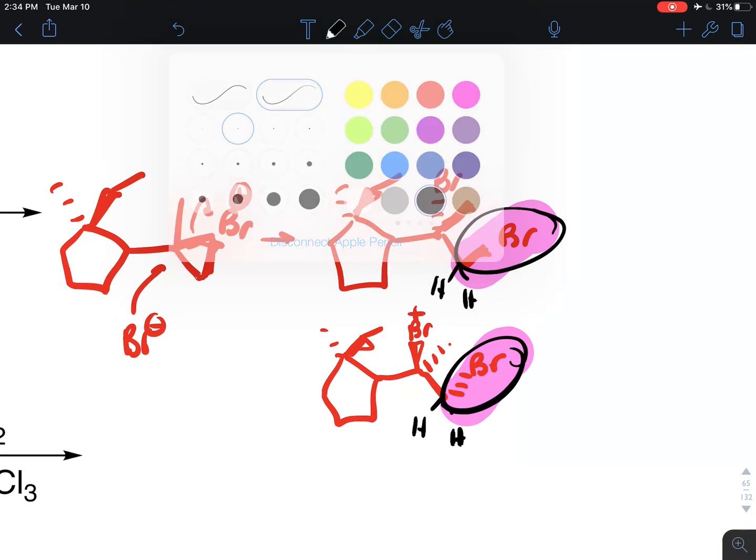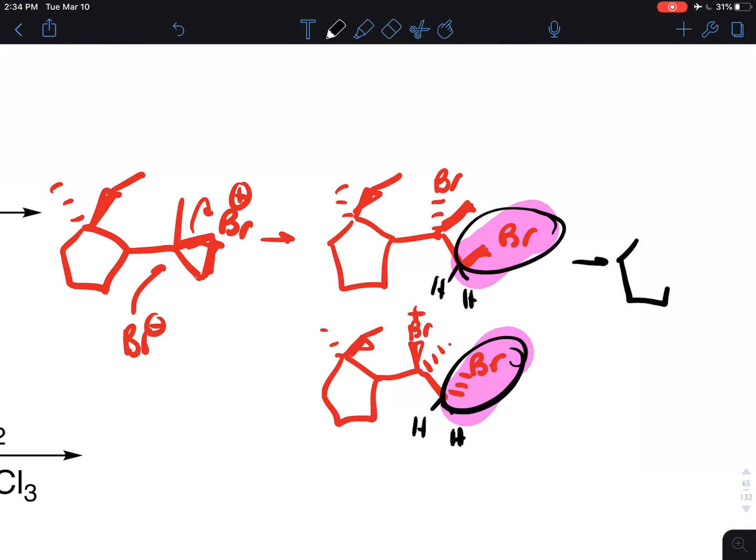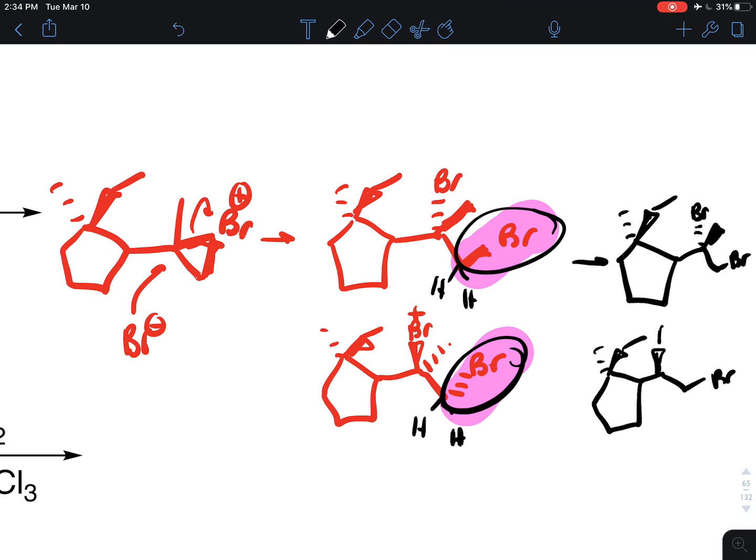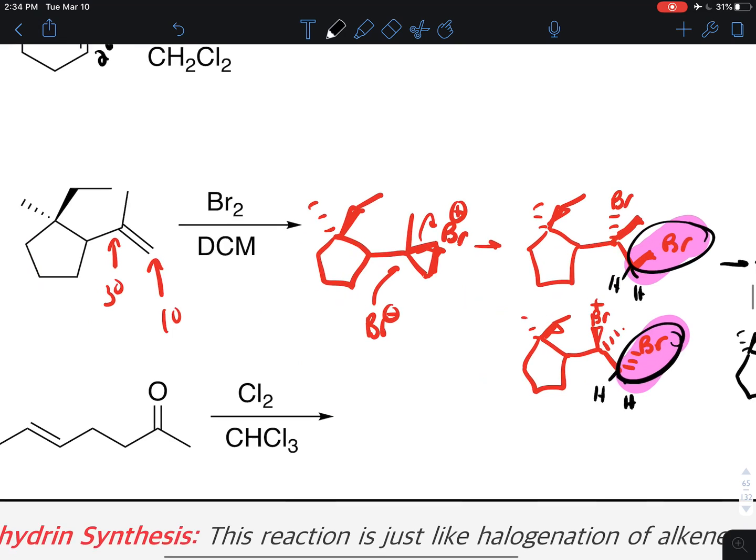So in theory, the real answer should be those two structures. All right, hope that helps.